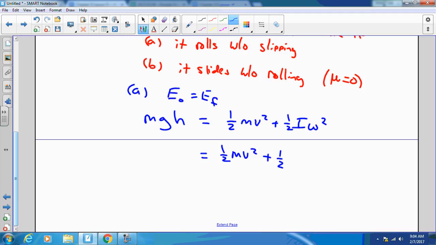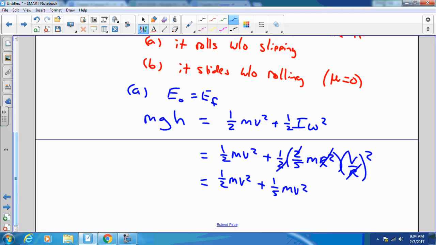Now, what object should I model my solid marble as? What kind of sphere? Hollow or solid? Solid. Right. So I'm going to use an I that is appropriate for that. And I'm going to replace omega with v over r because I'm rolling without slipping. Cancel here.